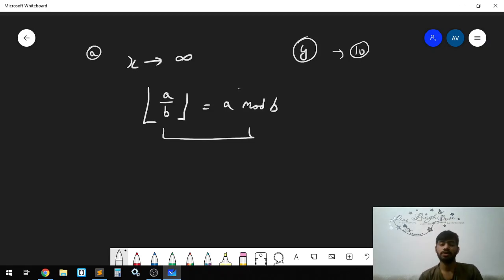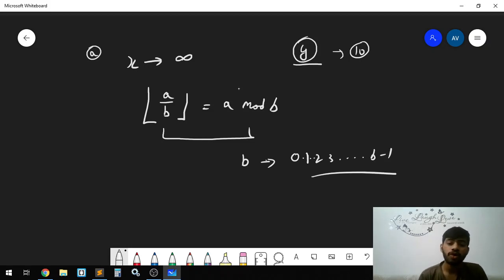Okay, so now I just need to check the constraint of b, that is y. The first thing that comes to someone's mind is, for any number b, this equation is possible the maximum number of times for the values 0, 1, 2, 3, and so on, up to b minus 1.